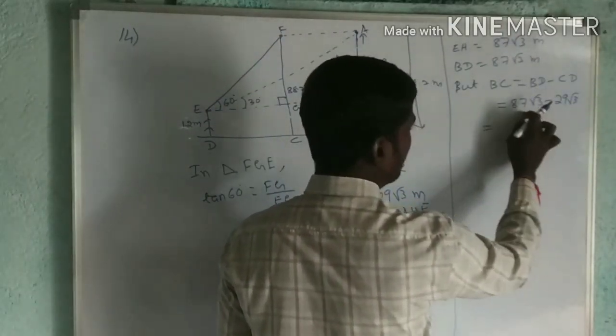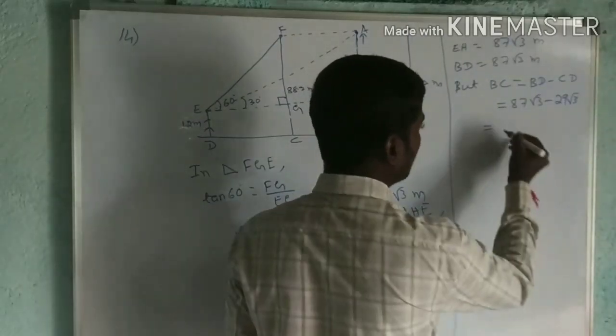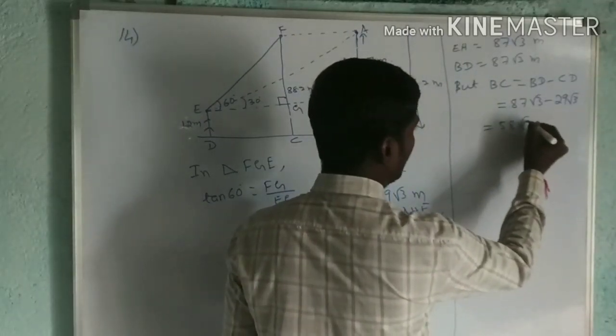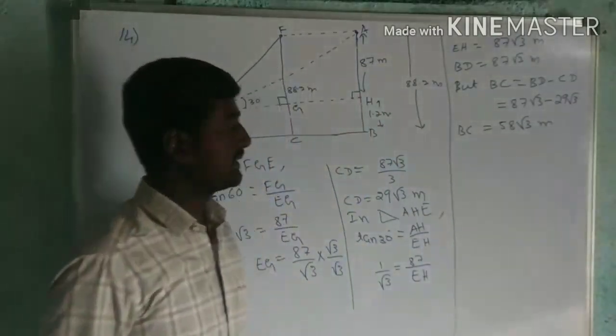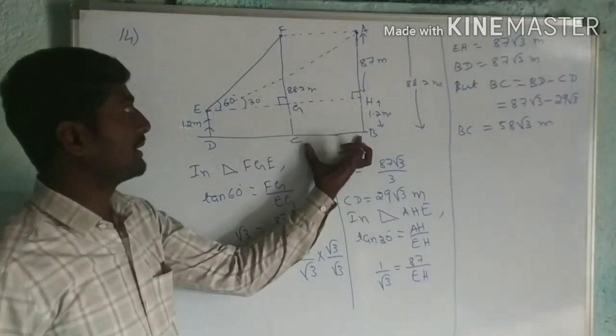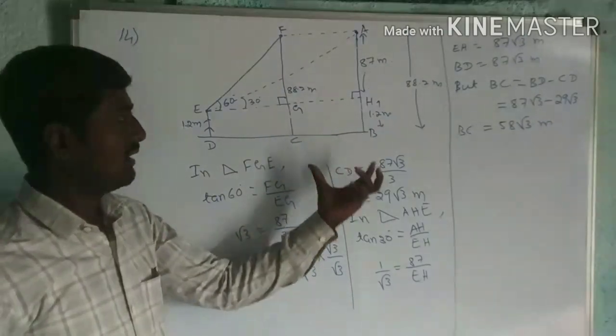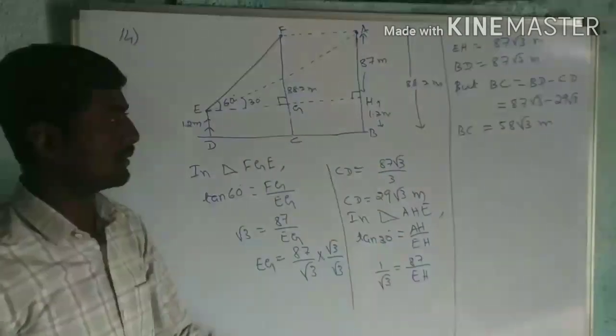So 87 root 3 minus 29 root 3 is 58 root 3 meter. This is BC, the distance traveled by the balloon, or the distance covered by the balloon.